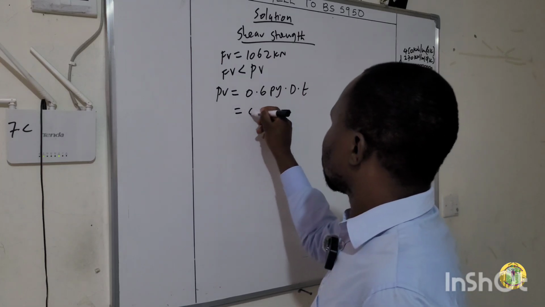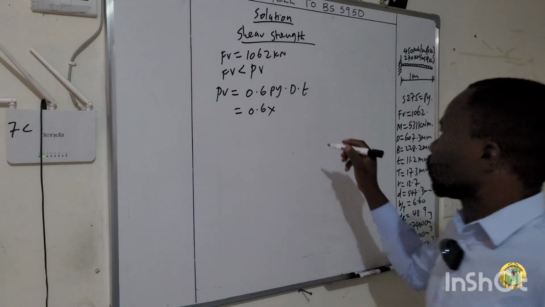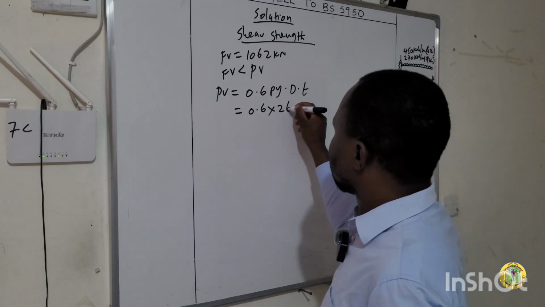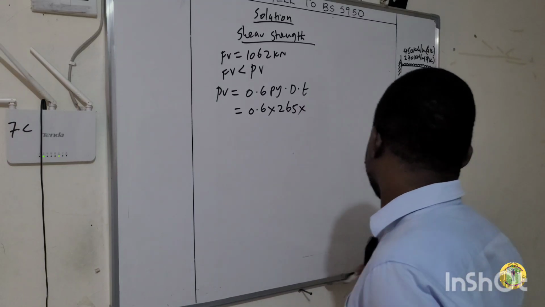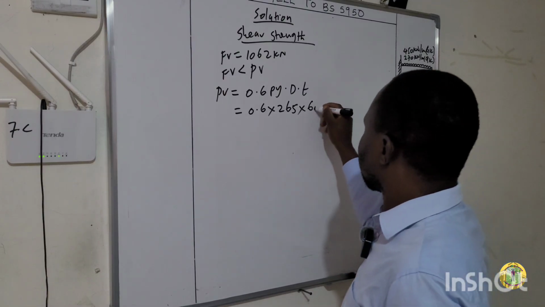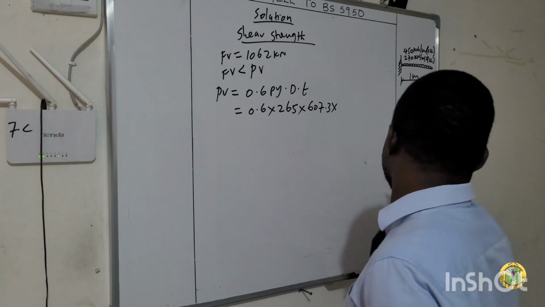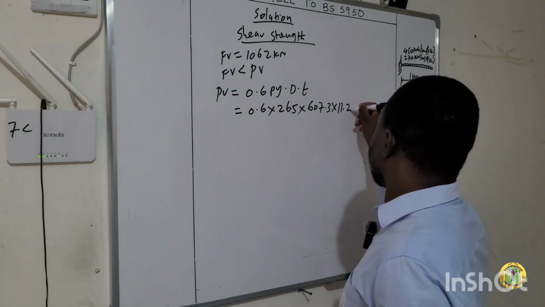So this one is equal to 0.6. Remember, the strength of our second section is 265 times D. D here is 607.3, then times T, 11.2.